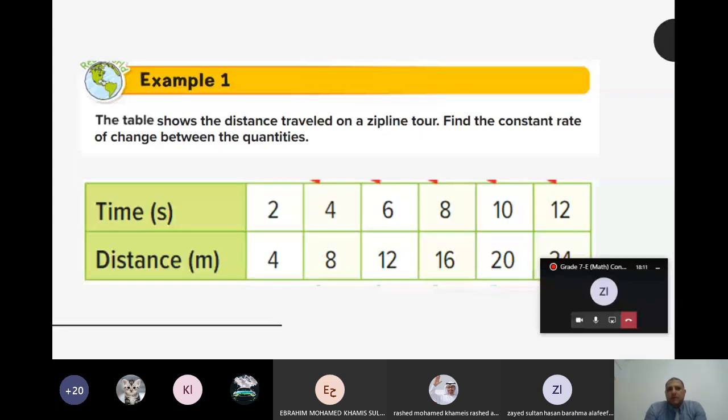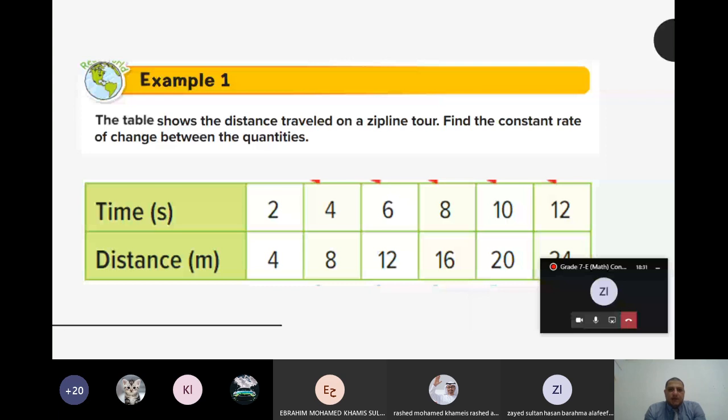Example 1. The table shows the distance traveled on a zipline tour. Find the constant rate of change between the quantities. As we can see, the table contains information about time in seconds and distance in meters.